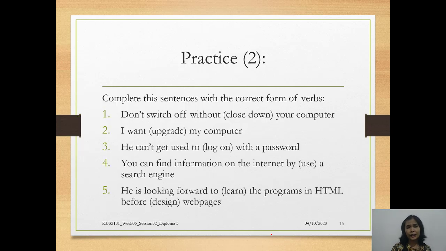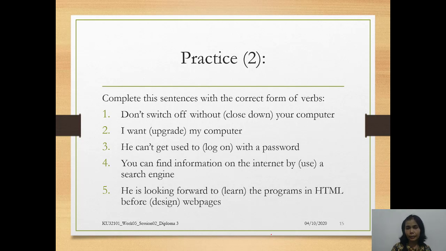And then for the second practice, what I want you to do is to check whether this sentence, the verb that is in bracket, should use ing form or to infinitive.